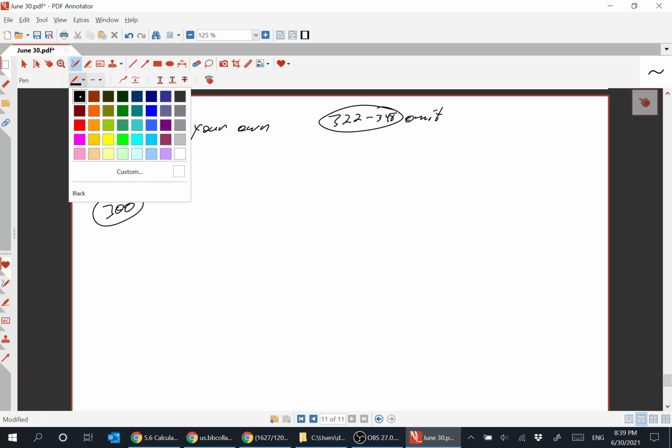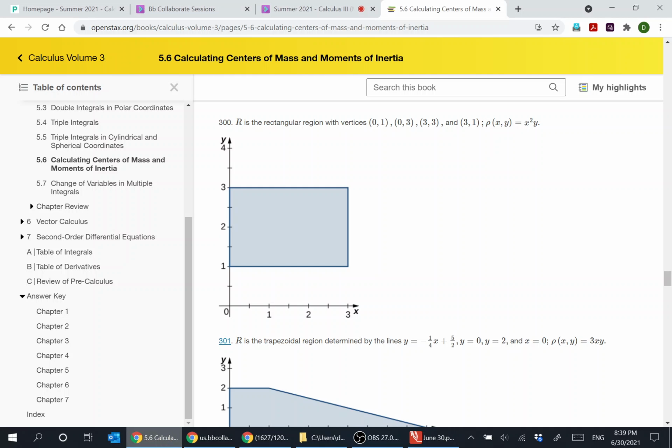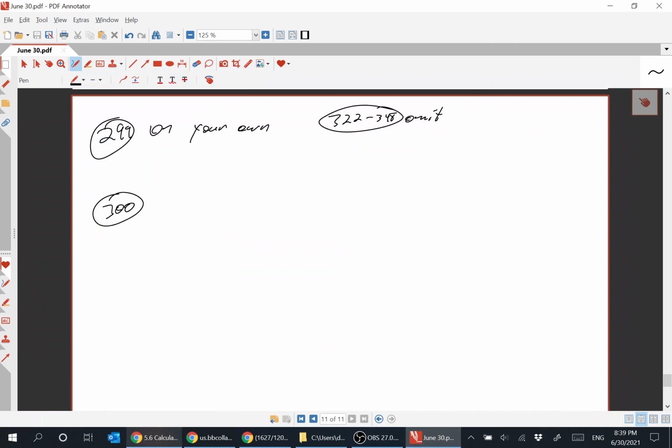Okay, we're just going to do a simple center of mass calculation. So for 300, we have this rectangle. x goes from 0 to 3, y goes from 1 to 3. 0 is less than or equal to x is less than or equal to 3, 1 is less than or equal to y, less than or equal to 3.